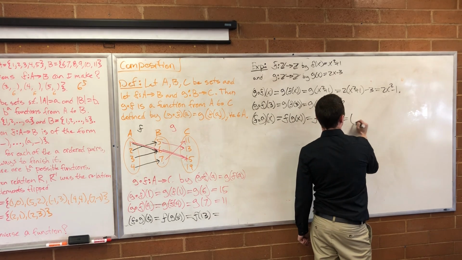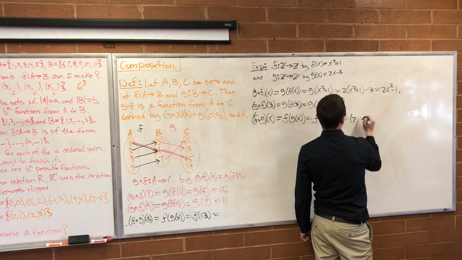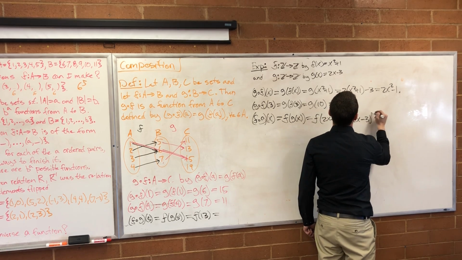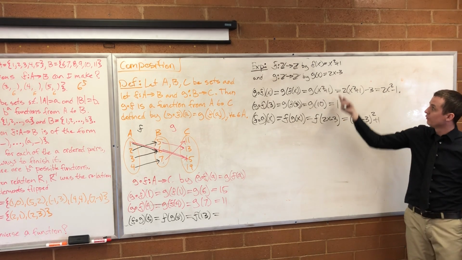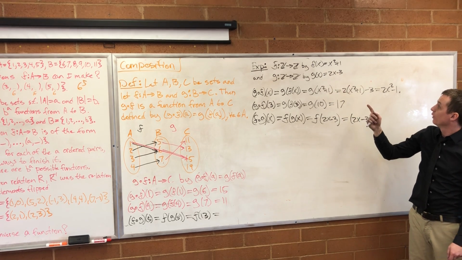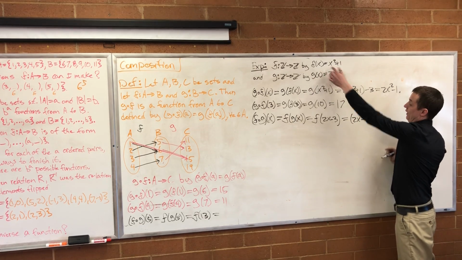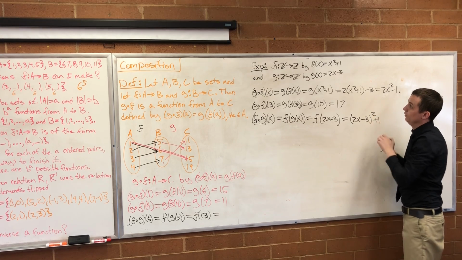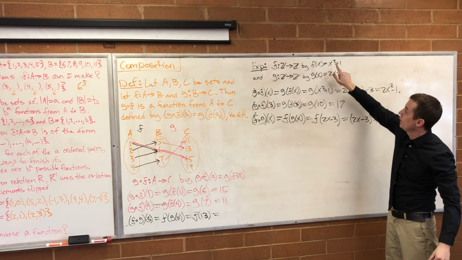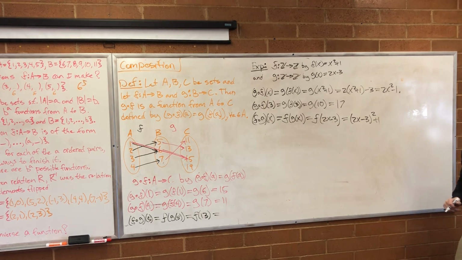We have to start with 2x minus 3 squared plus 1, right? Plug that in for your x. Whatever you plug in, squared plus 1. Whatever you plug in, squared plus 1. You with me so far?